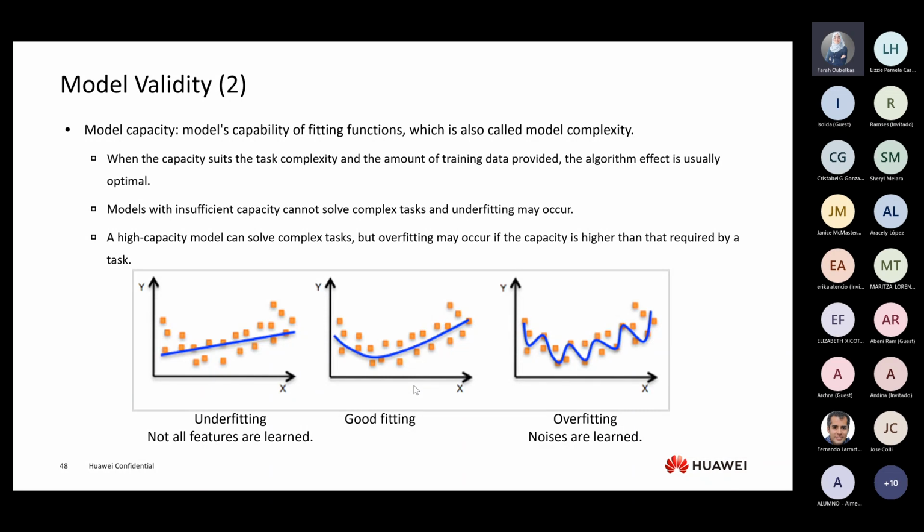In this picture, we have three images, and we have underfitting. Not all features are learned, as you can see, because there are a lot of features that we didn't learn. We have overfitting. Let's see the extreme. Overfitting: noises are learned. Here, as you can see, the model is trying to get all of the points.